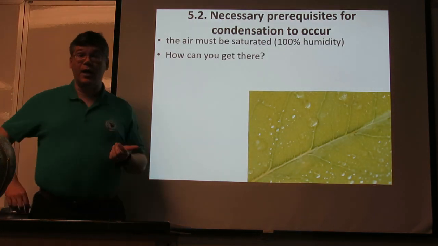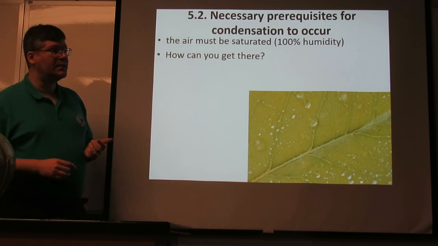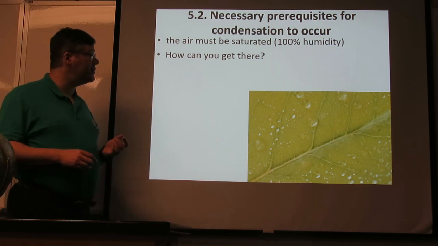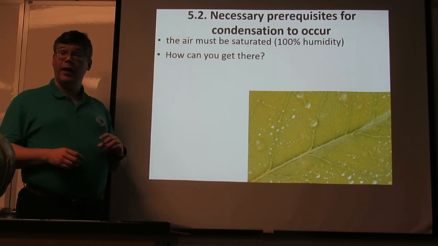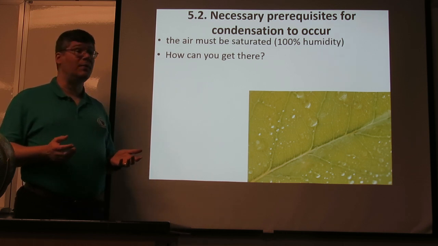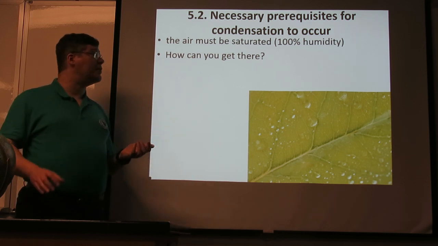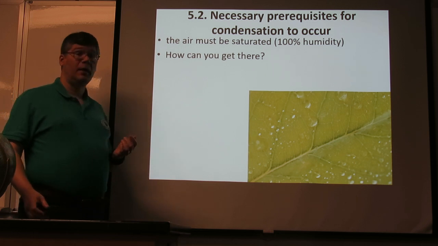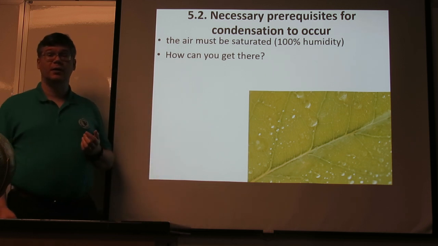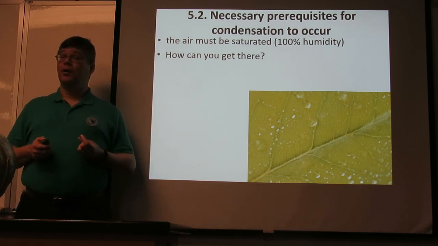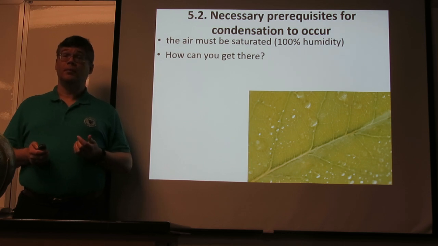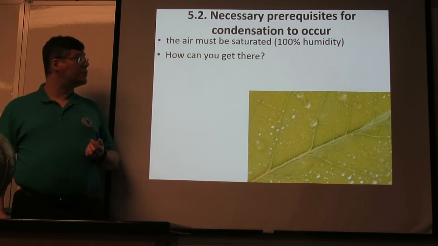So if we're getting condensation, we're seeing, say, dew forming on surfaces, then that air has to be saturated. We're at 100% humidity. The temperature is at the dew point. Okay, how can we reach 100% relative humidity? Well, two options.